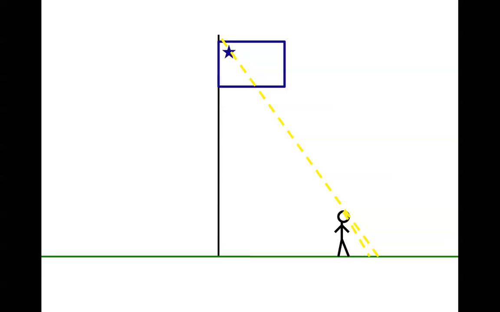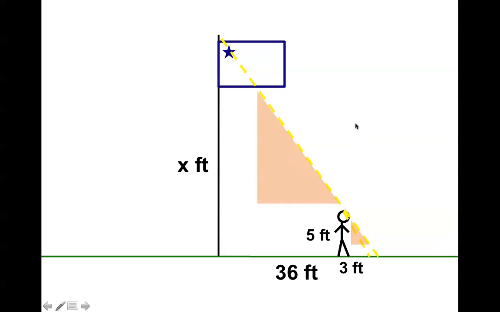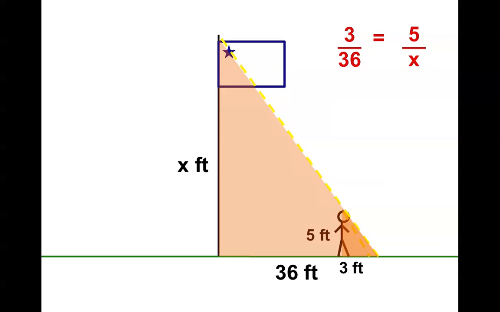First thing we do is we utilize the sun. The sun gives a shadow of the flagpole and also gives a shadow of the man. When we use that shadow, we're going to get 2 triangles. Do you see the triangle of the flagpole? And do you see the triangle that the man makes? These are similar triangles. And if we think about those triangles, we're able to set up a proportion.